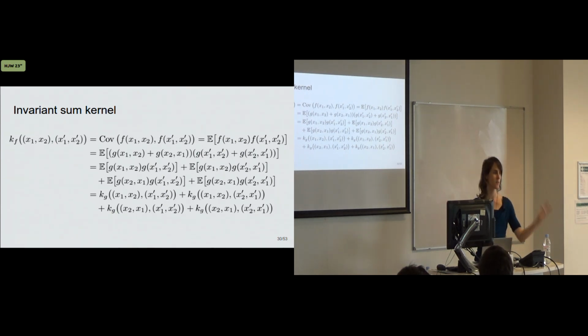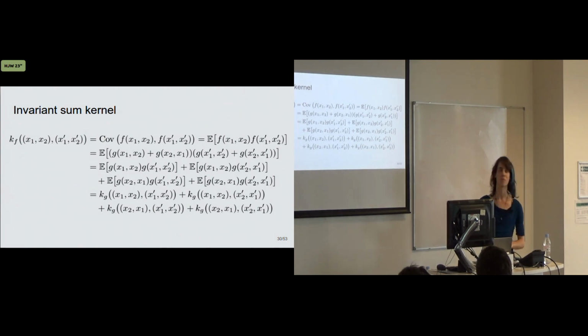And the expectation commutes with the linear operation. So the expectation of the sum is just the sum of the expectations. And each expectation term in the sum is basically the kernel in g. I hope that makes sense to everyone. If not, okay, nodding, that's good.